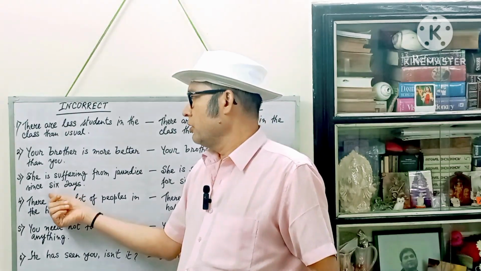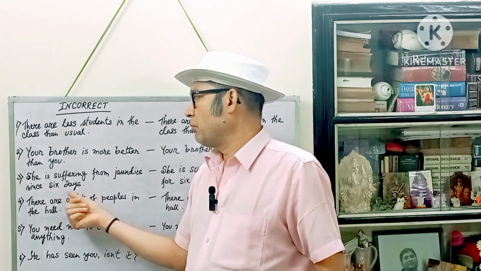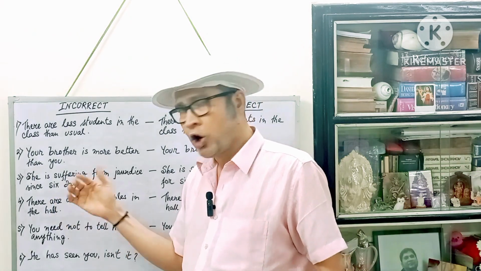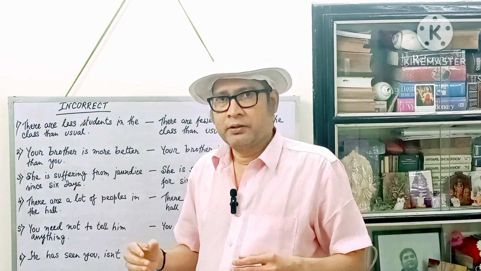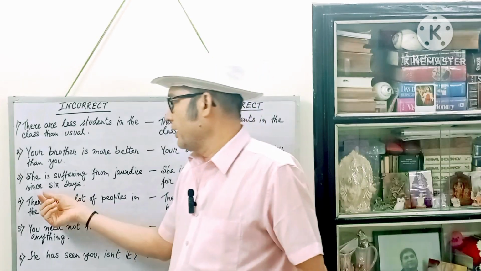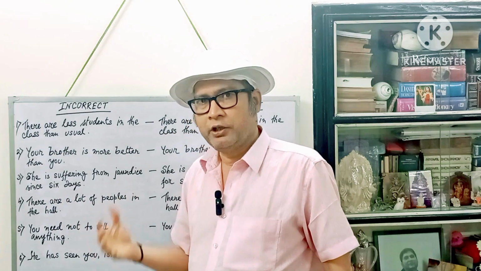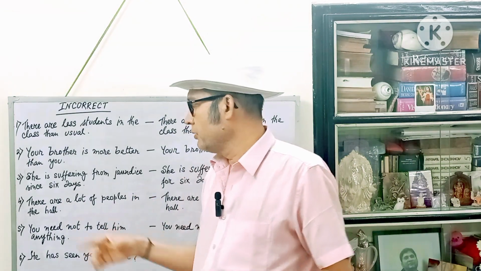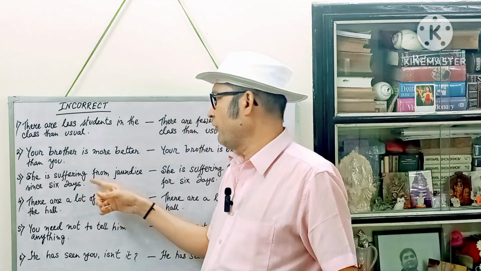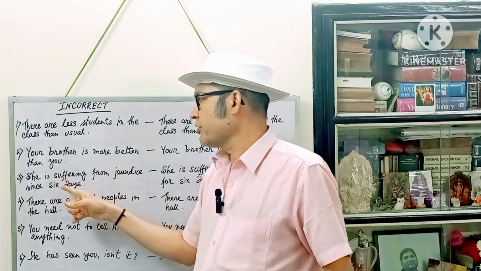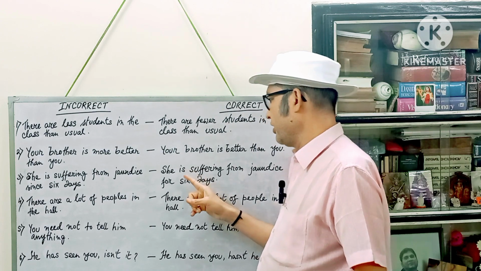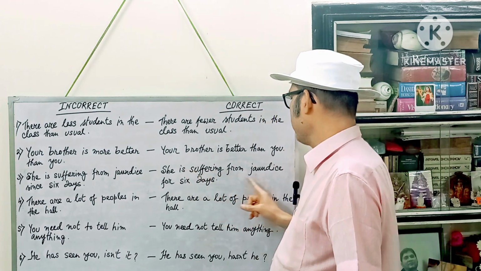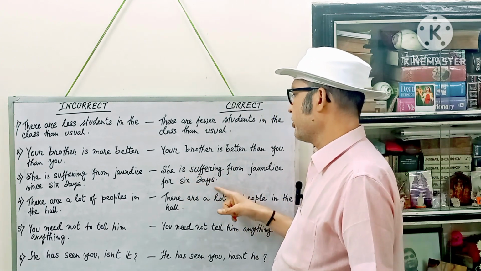Never use since with a number of days, or with a number of hours also, maybe since 6 hours. If you say that, then also you are wrong, because here the appropriate preposition to be used is for. So the correct one is, she is suffering from jaundice for 6 days, not since 6 days. Look at this correct sentence here. She is suffering from jaundice for 6 days.